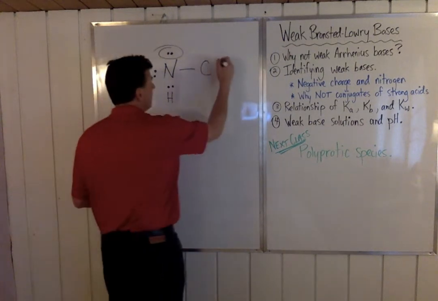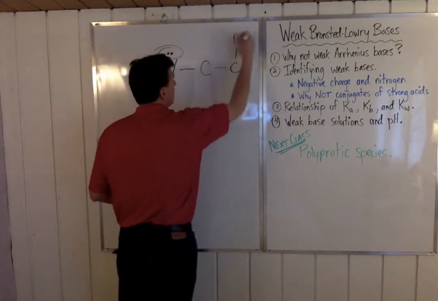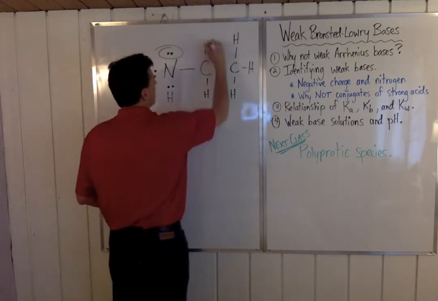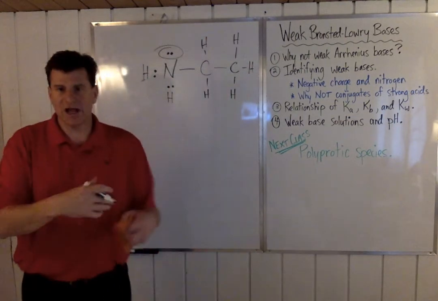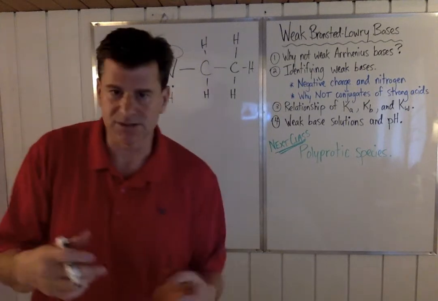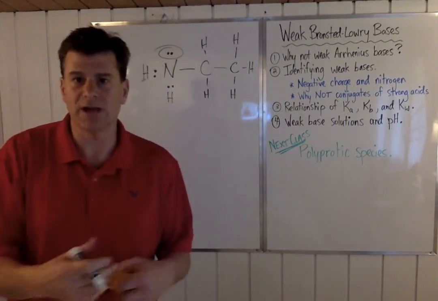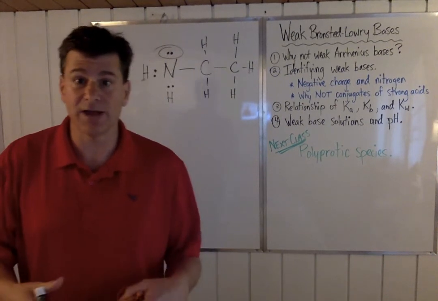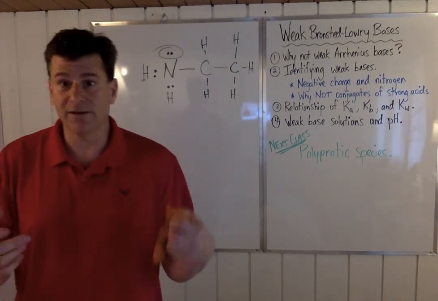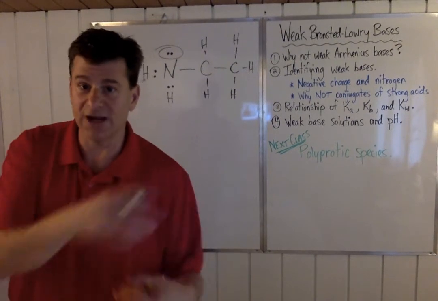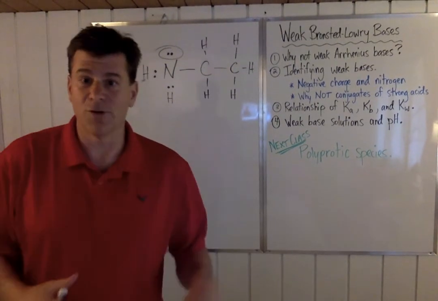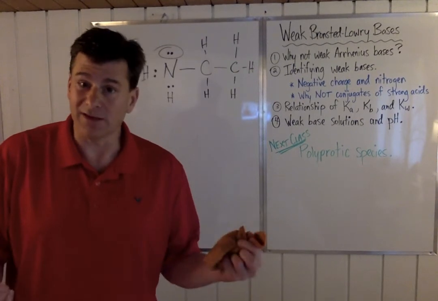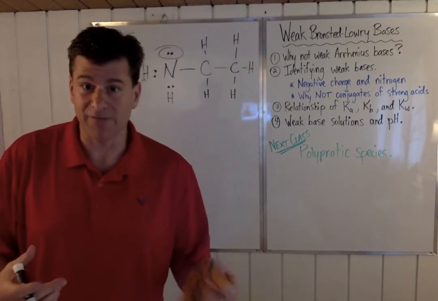I mean, you could have another carbon with hydrogens. You could have a string of carbons that was, I don't know, 10 carbons long. You could have a benzene ring, an aromatic ring there. You could have a cyclopentane. You could have a circular form of a carbon chain. You can have just about anything from the carbons coming off of there.